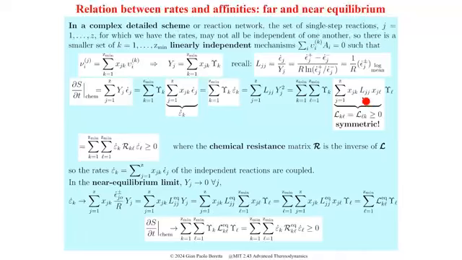All right. So we come up with the fact that the entropy production is a quadratic form in the affinities of the independent reactions. And the matrix of the quadratic form is non-negative. That's required by the fact that you need that to be non-negative to satisfy the principle of entropy non-decrease. And it is also symmetric.